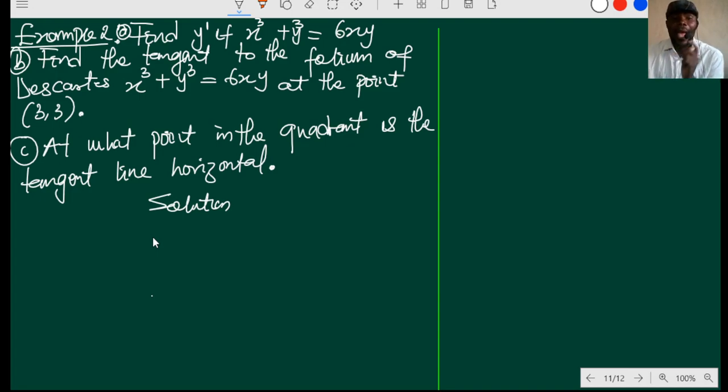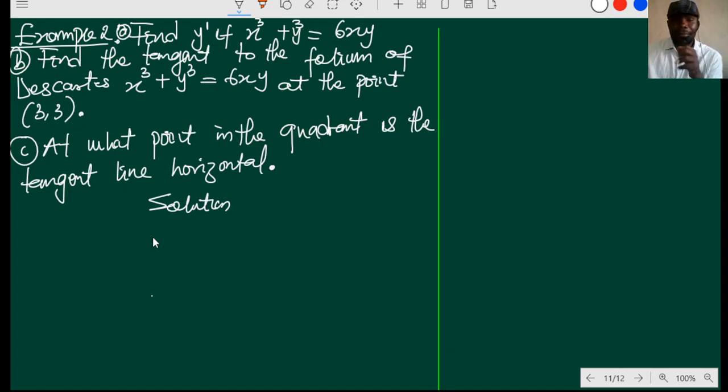And part B says find the tangent to the folium of Descartes, x cubed plus y cubed equals 6xy, at the point 3, 3. And at what point in the first quadrant is the tangent line horizontal? That is when the slope is 0.